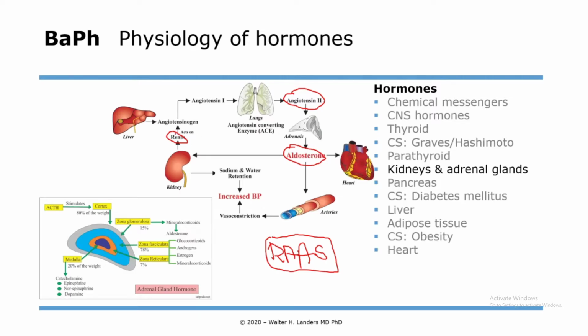And renin acts on something called angiotensinogen, which is produced by the liver. And when renin does that, it gets converted like this into angiotensin 1.